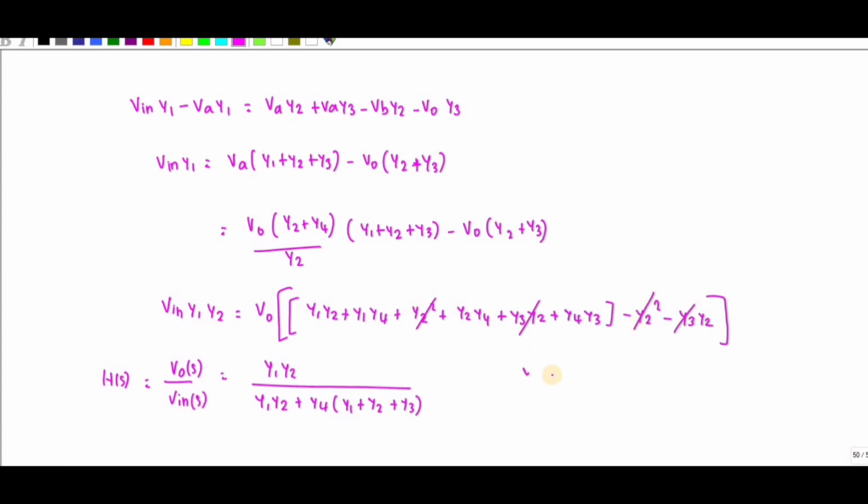In this, if I substitute Y1 and Y2 equal to 1 by R1 and 1 by R2, and Y3 and Y4 equal to SC3 and SC4, it becomes a low pass filter.